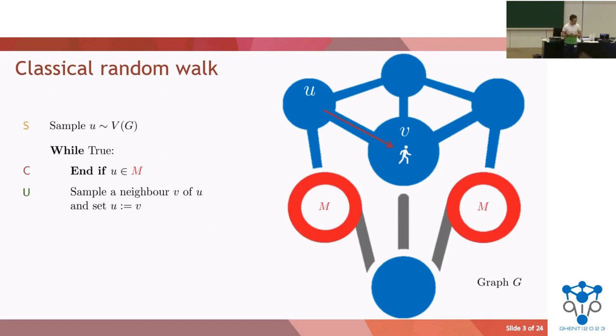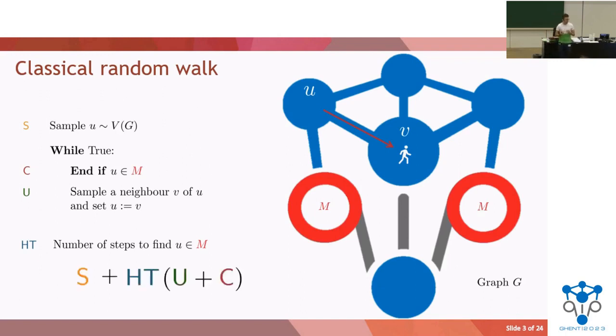The only thing that's left is to find out how long we'll be stuck in this while loop. This is given by the hitting time of the random walk, and it is the expected number of steps that the walker will have to take, starting from the stationary distribution, to end up in one of these marked vertices. If you have all these ingredients, then it's now straightforward to see that the complexity of this algorithm is as follows.